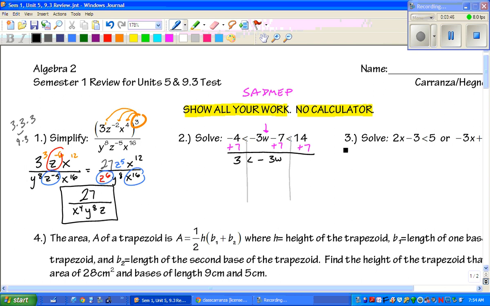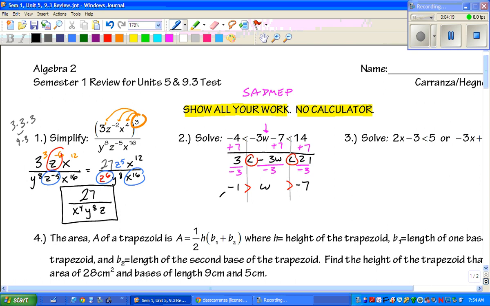The -3w stays there. And 14 plus 7 is 21. Now, to get the w all by itself, we have to divide by -3. And when you divide by a negative, we have to flip the signs. 3 divided by -3 is -1, and 21 divided by -3 is -7.